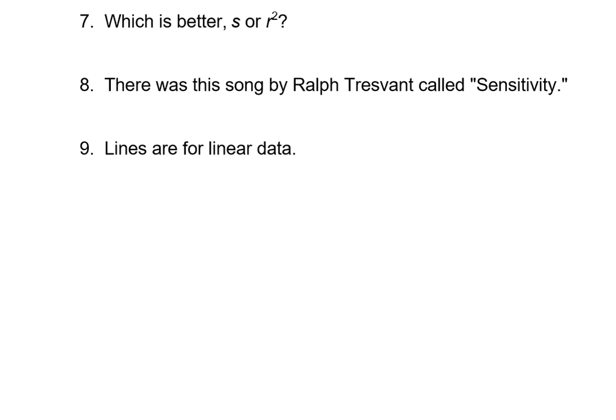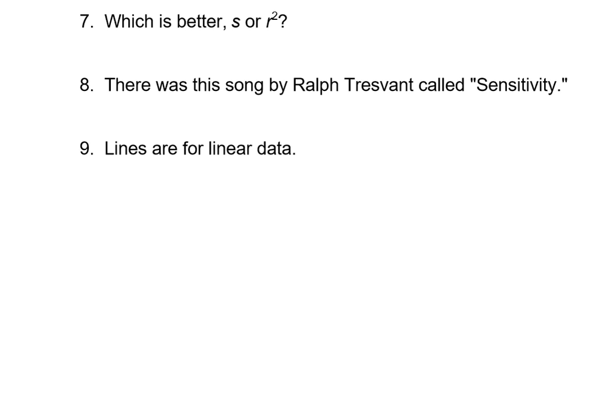In general, we would like to have a small value for s, which indicates that deviations from the line tend to be small, and a large value for r squared, which indicates that the linear relationship explains a large portion of the variability in the y values. It is possible to have a small s combined with a small r squared, or a large r squared combined with a large s. Remember to consider both values.